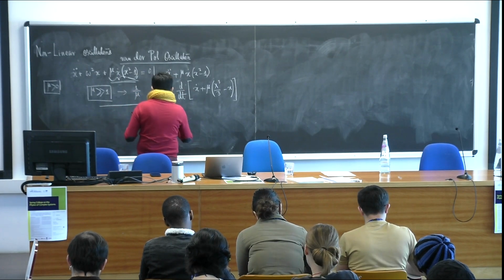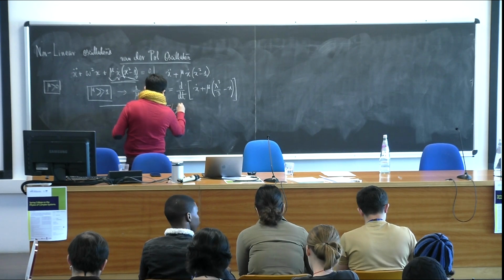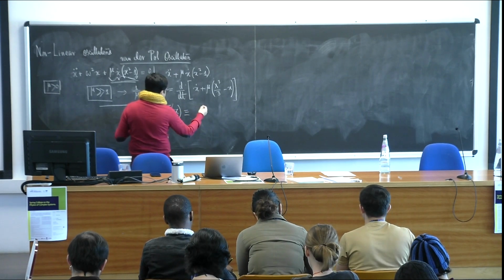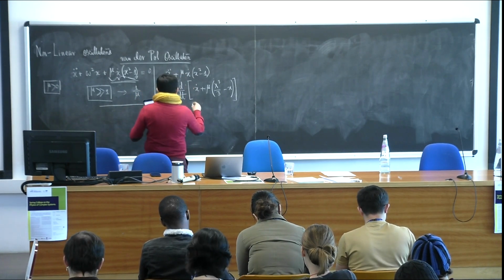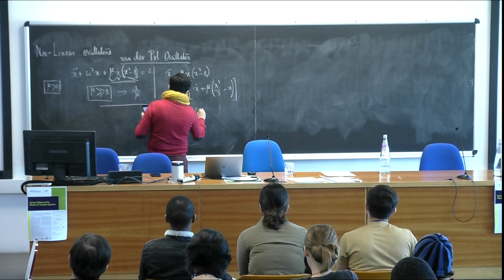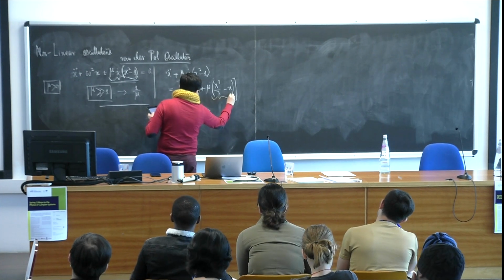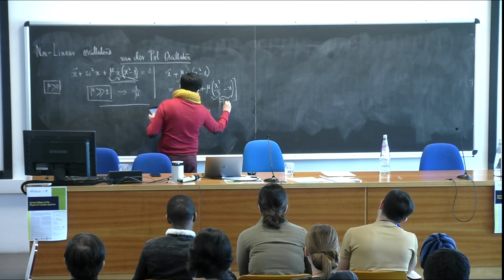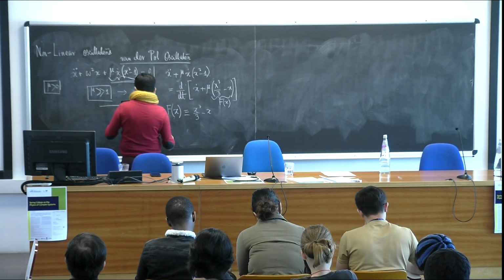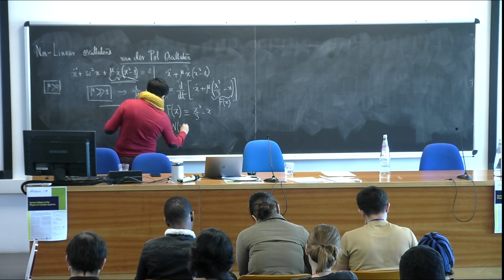So therefore, let me now introduce two functions, f of x, just for convenience of notation. Let me call this guy f of x, which is x cubed by 3 minus x. I just don't want to keep writing these things, and I define another function w of x.